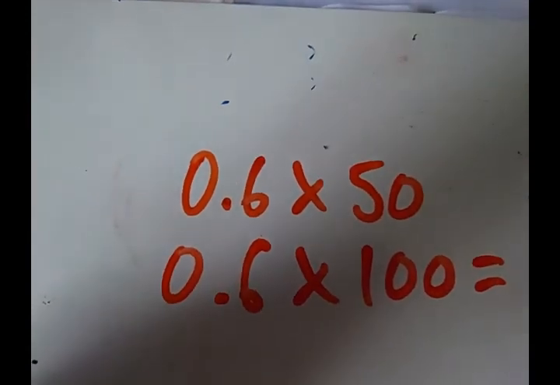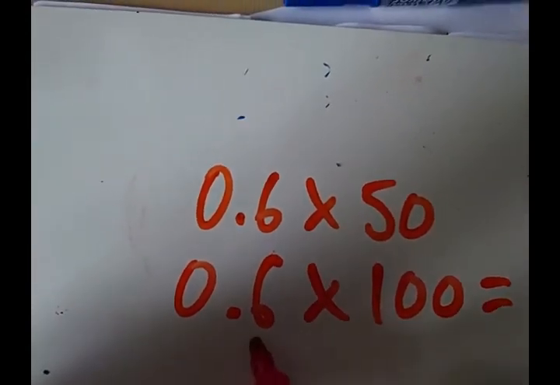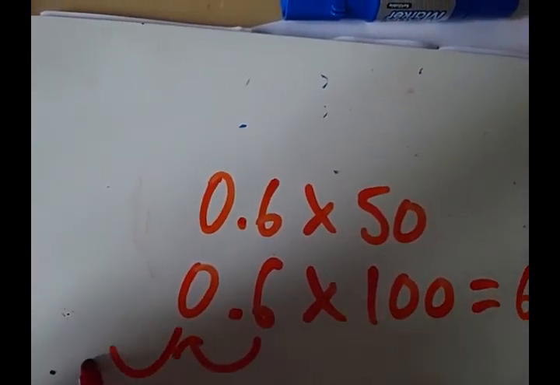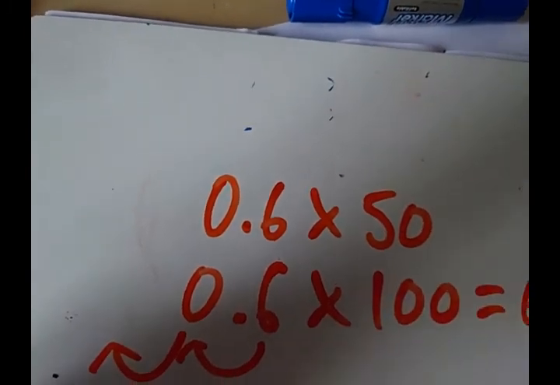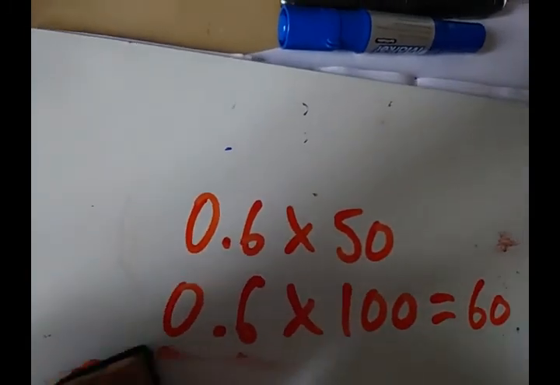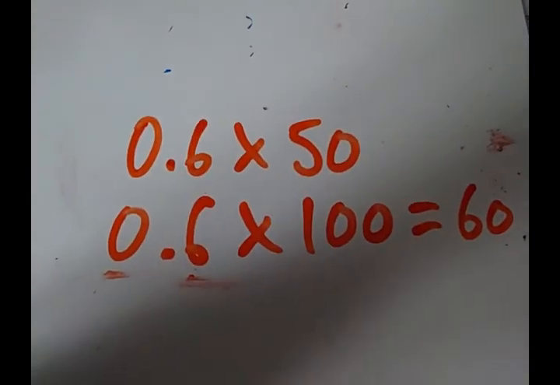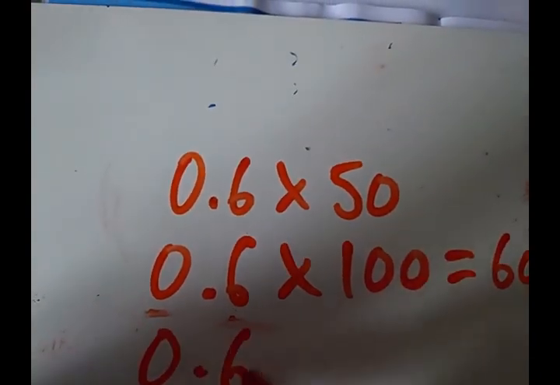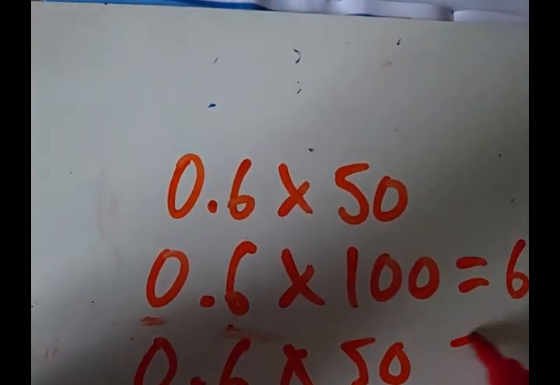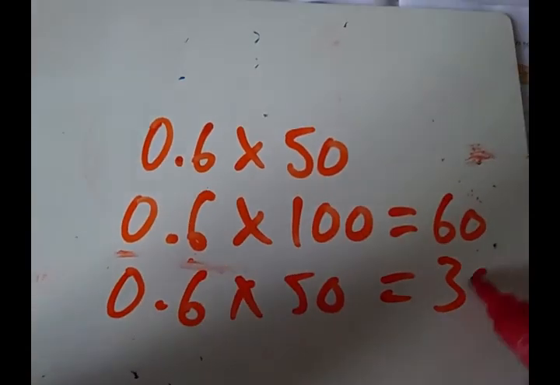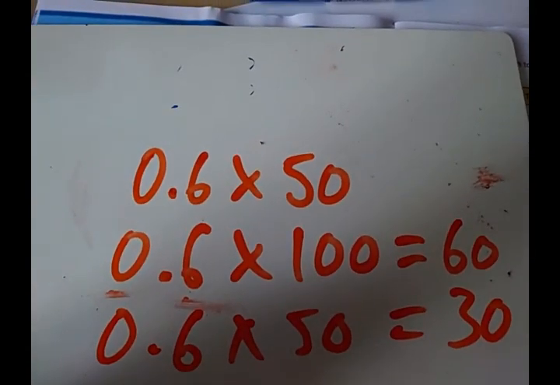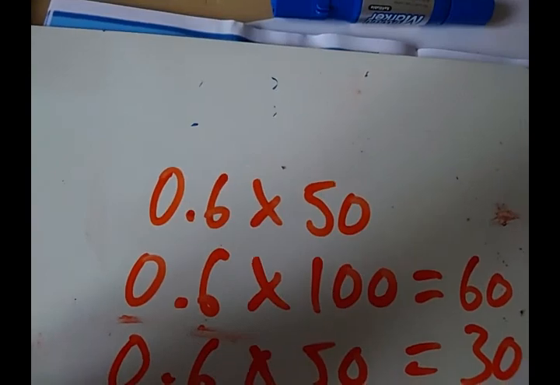If I move it twice, it's going to be 60. And 50 is half of 100, so 0.6 times 50 is just going to be whatever that is, but half of it is going to be 30. Okay, so see if you can spot those patterns.